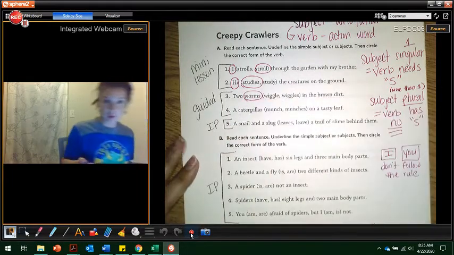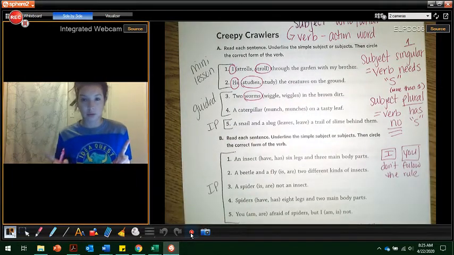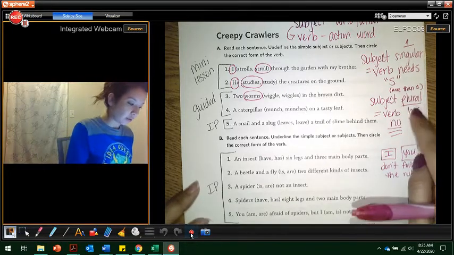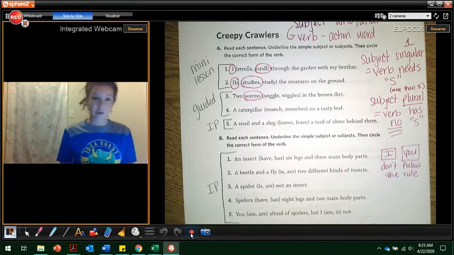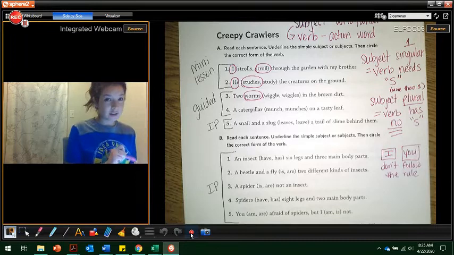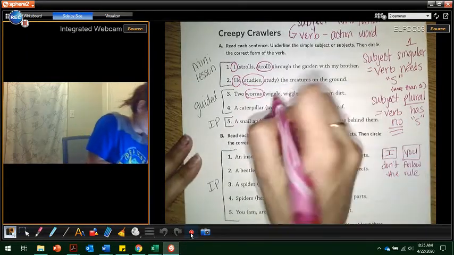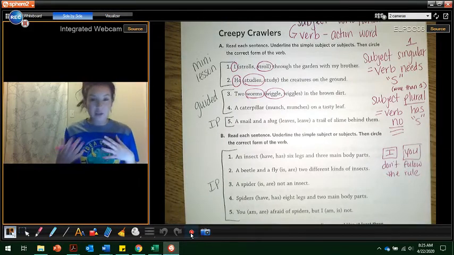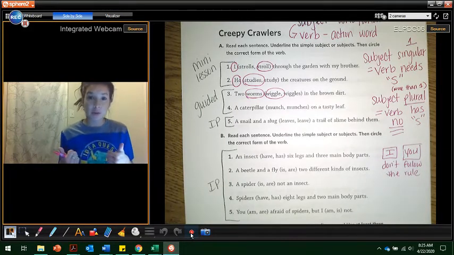Now worms, is that singular or plural? Okay, it is plural. So what do you think the answer is? No S. If you said that, you're correct. So two worms wiggle. Now let's read and see. Two worms wiggle in the brown dirt. Do my subject and verb agree?